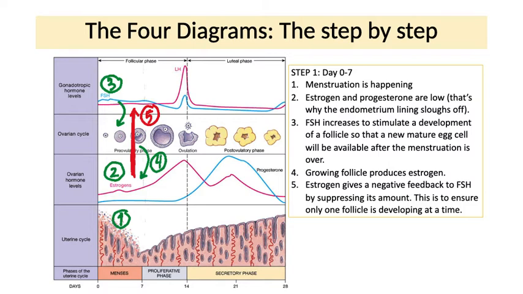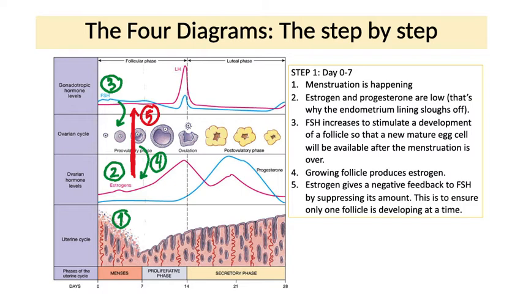And you may have learned before in the previous slides that estrogen and progesterones are the two hormones that maintain the thickening of the endometrium lining. Now, sloughing off, of course, indicates that the estrogen and progesterones levels are very low.